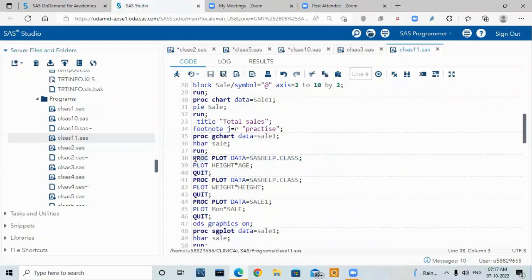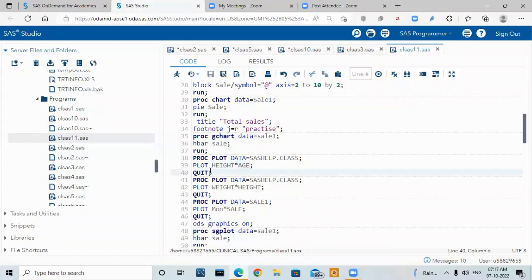Starting with proc, every procedure starts with proc, followed by the name of the procedure, plot, followed by the name of the table. Here data=SASHELP.CLASS is the name of the table, and we are using the plot statement for height versus age. Everyone clear? Height versus age.